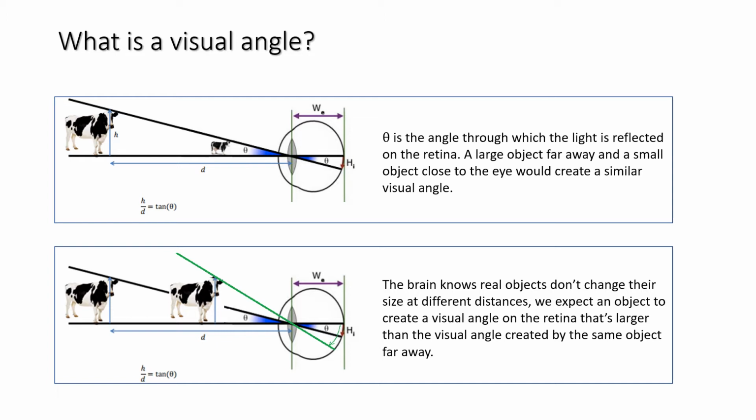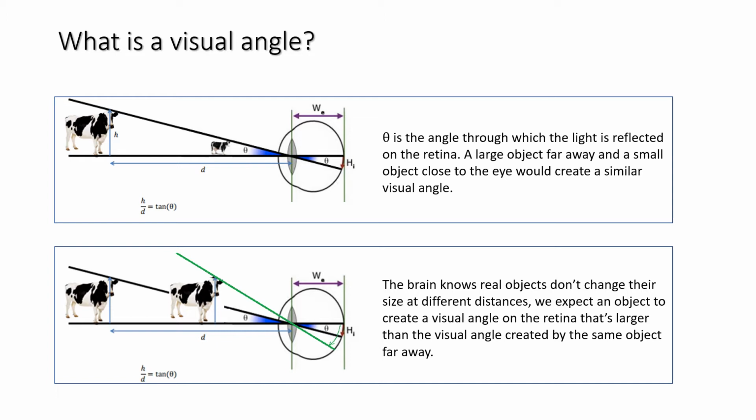Well, one of the things we are able to do with visual information is to determine things like size, or at least relative size and distance of objects, because our eyes send information to the cortex based on the relative angle created by the object. As you can see here in the upper graphic, we see a normal sized cow on the left, and then we see what looks like a tiny cow on the right.